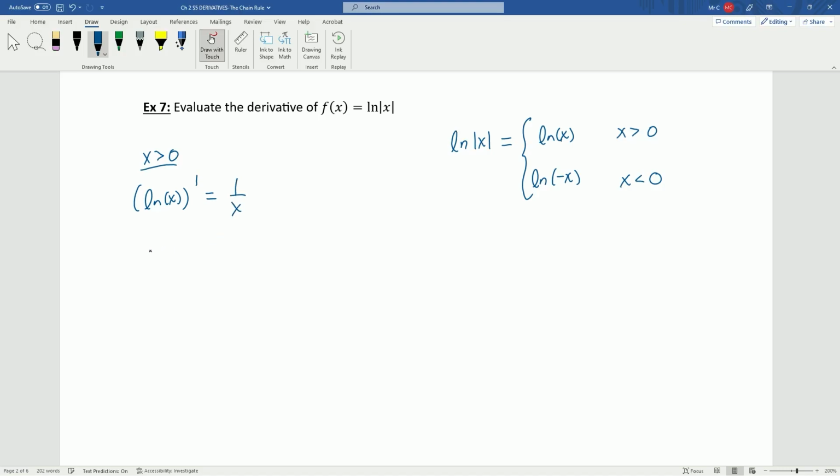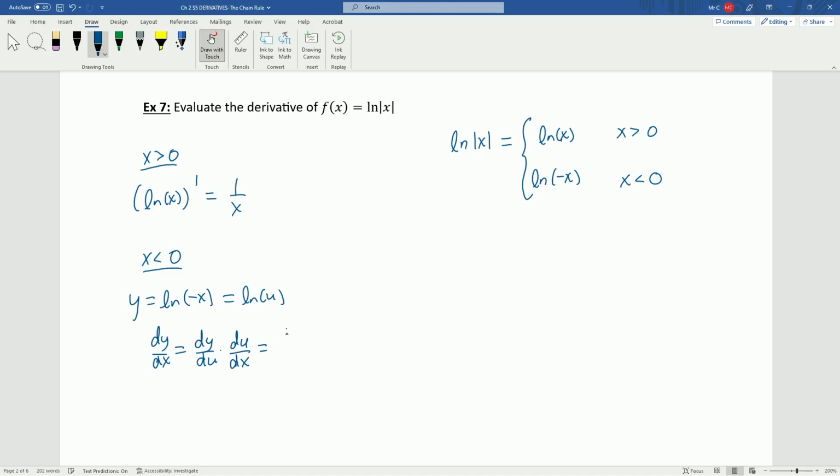That's nice and simple. When we look at negative values, we're looking at the derivative of ln of negative x. So let's go ahead and write this out. We're going to have a chain rule here. y equals ln of negative x. I'm going to think of this as ln of u. And dy dx equals dy du times du dx.